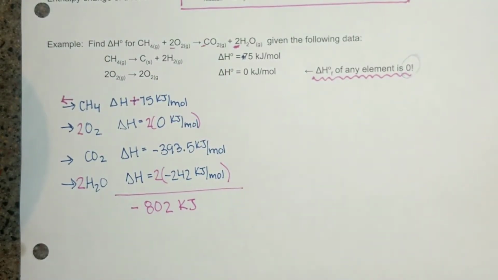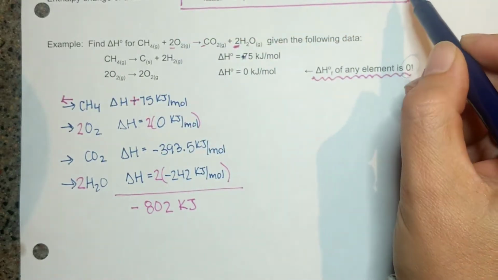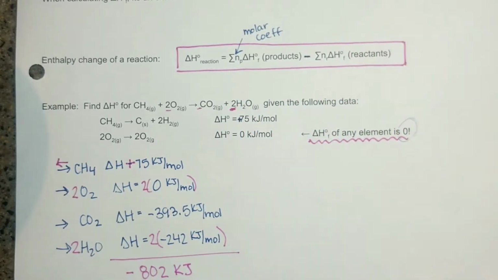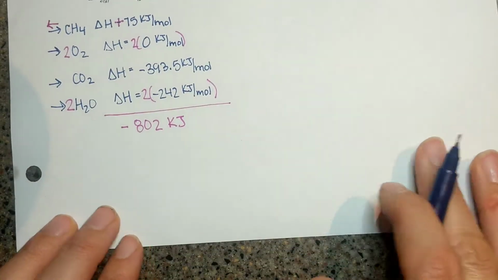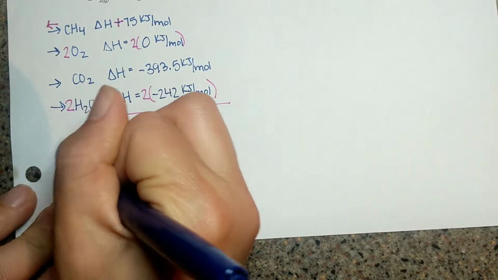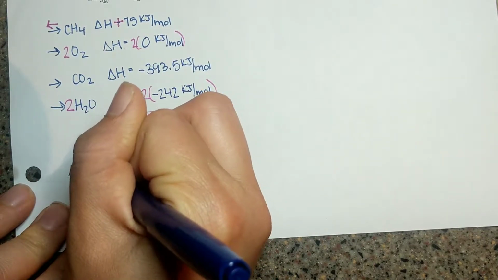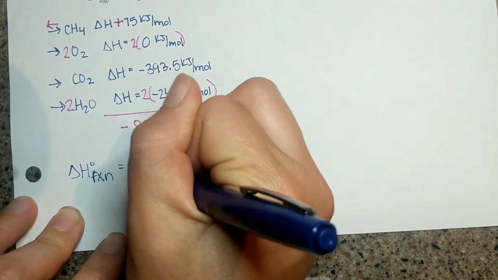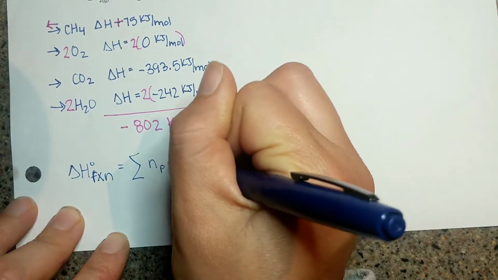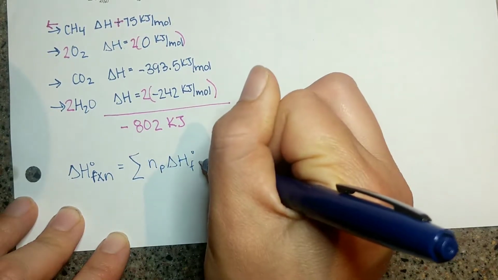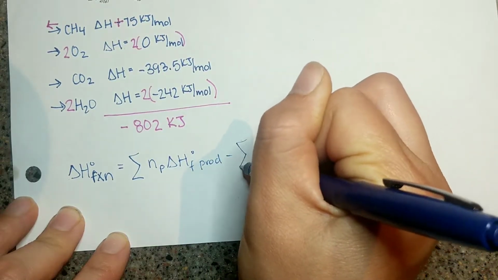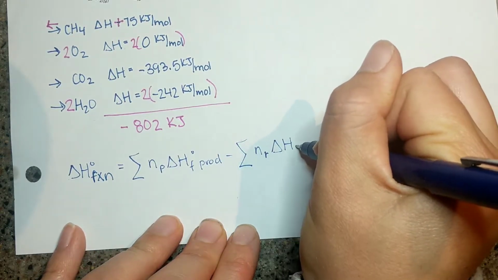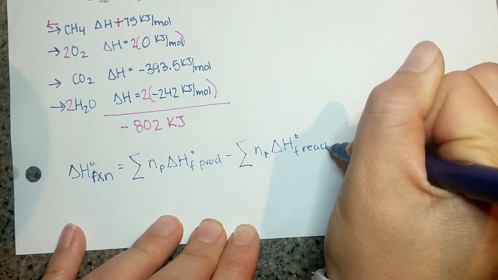The other way that I can do this is I can use my formula here, which is where I don't have to look at if it's being made or broken down. So in this case, my heat of reaction is equal to the sum of the molar coefficient of my products times the heat of formation of my products, minus the sum of the molar coefficient of my reactants times their individual heats of formation.